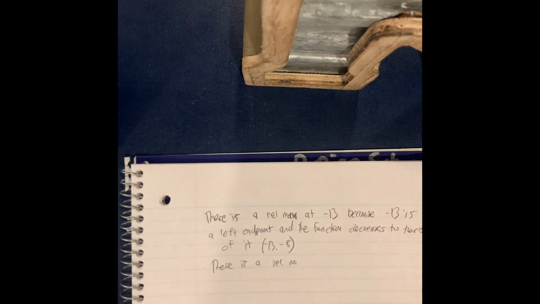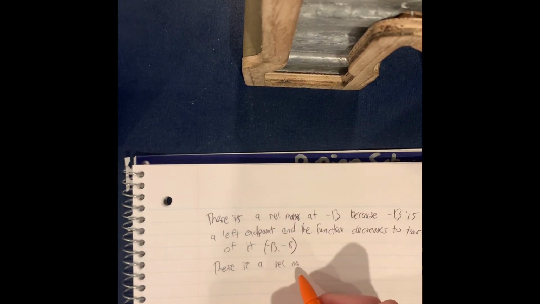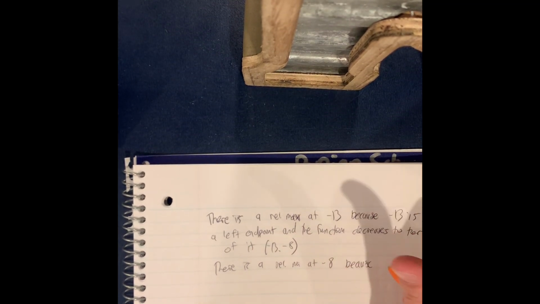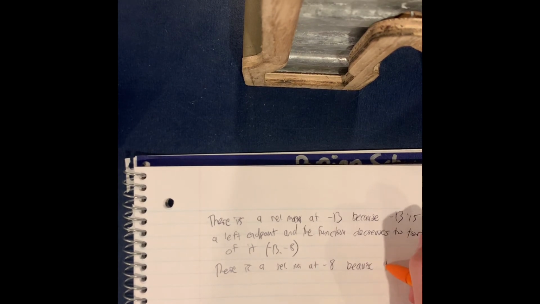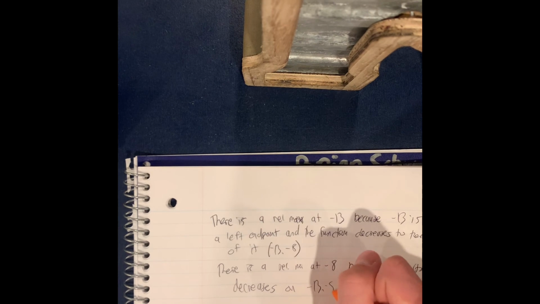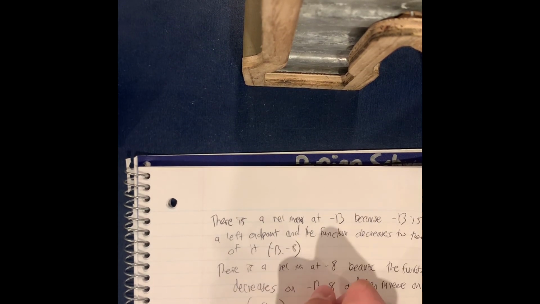There is a relative max at negative 13. There is a relative minimum at negative 8 because the function decreases on negative 13 to negative 8 and then increases on negative 8 to 3.